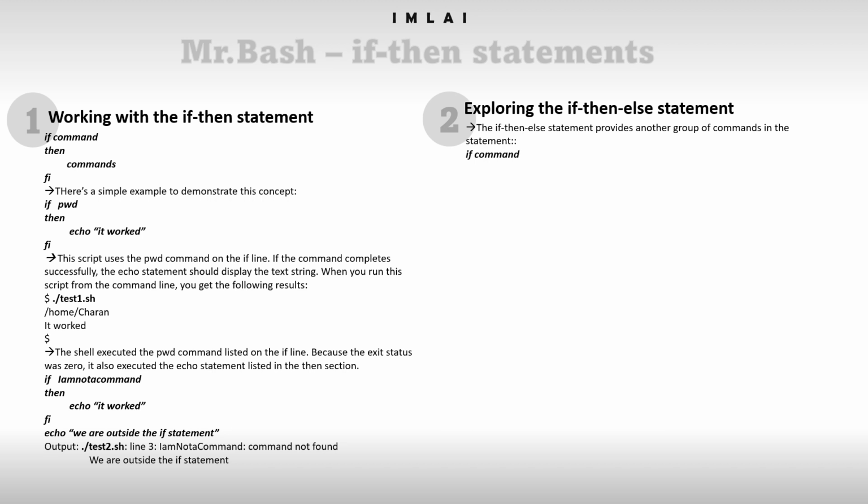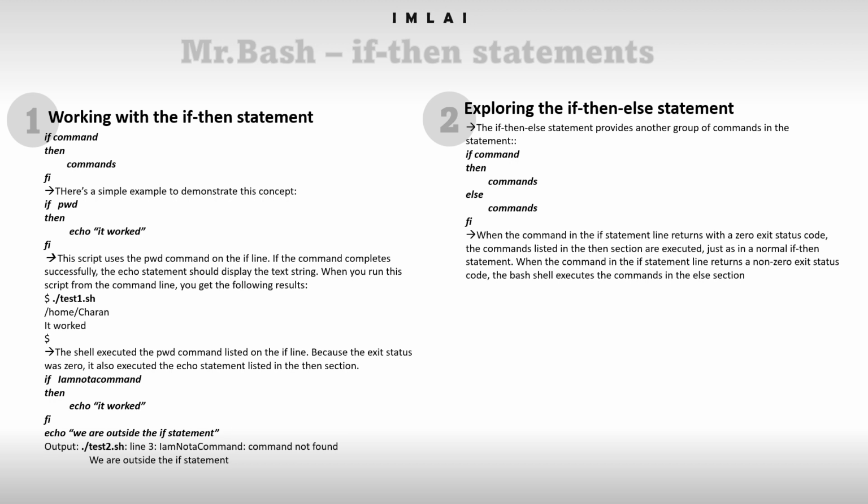So the if then else statement provides another group of commands in the statement. So let's go through it. It looks like the following way that you are able to see on the screen. If and then command, then after that the then section starts. In then section you can mention a few commands, and after that you go to the else section. In else section also you can mention one or two commands, and then finally you close the if then else statement with fi.